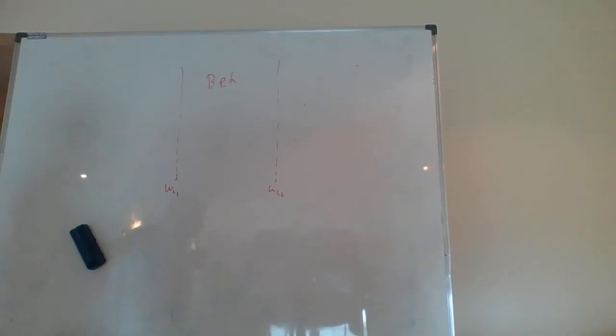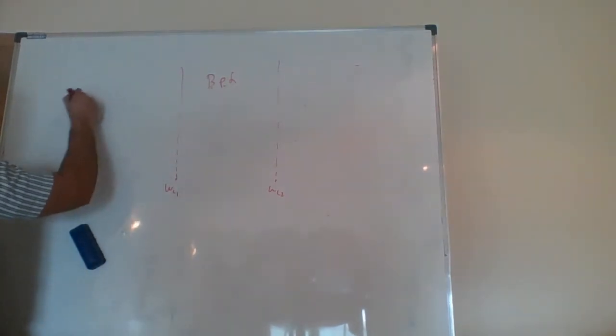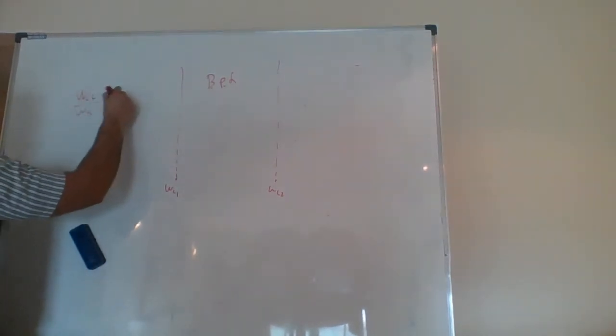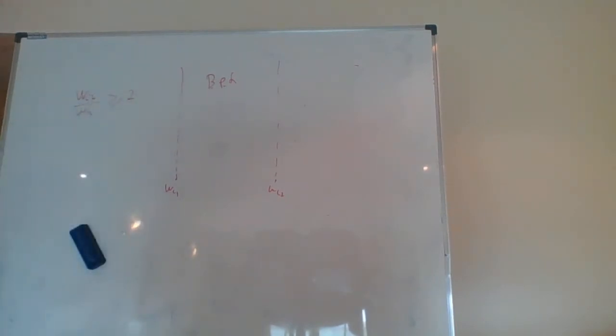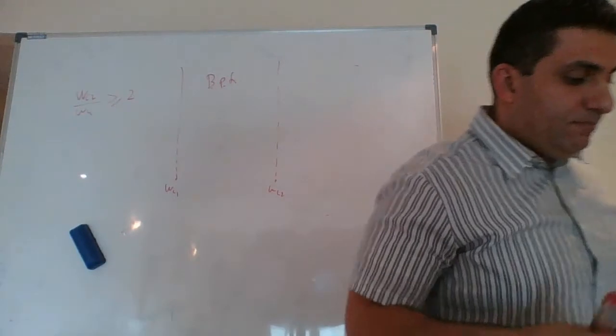Guys, I want you to memorize this very carefully. For a broadband filter, I need omega C2 over omega C1 equal to 2. I need this relationship for a broadband filter.